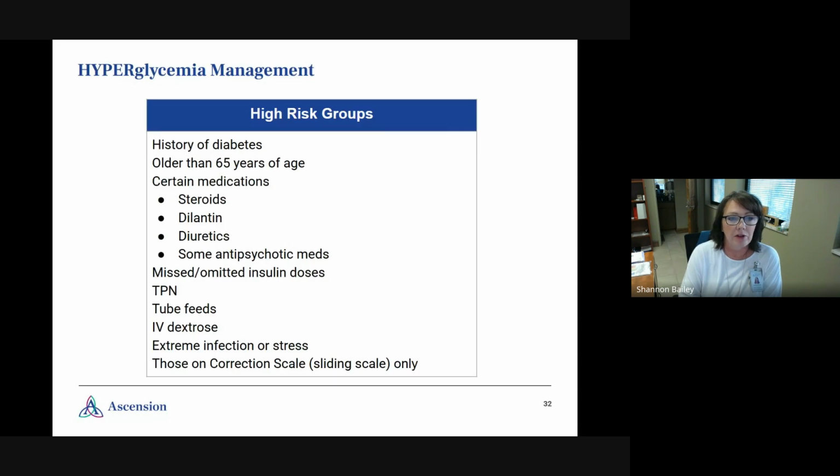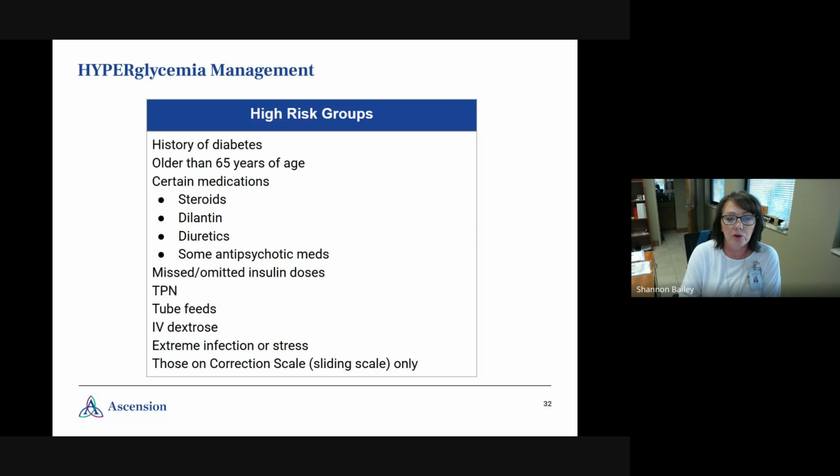So hyperglycemia risk groups are very similar to the hypoglycemia risk groups, those with a history of diabetes, those that are older or elderly patients. And then certain medications can also cause hyperglycemia, including steroids are probably the biggest one.